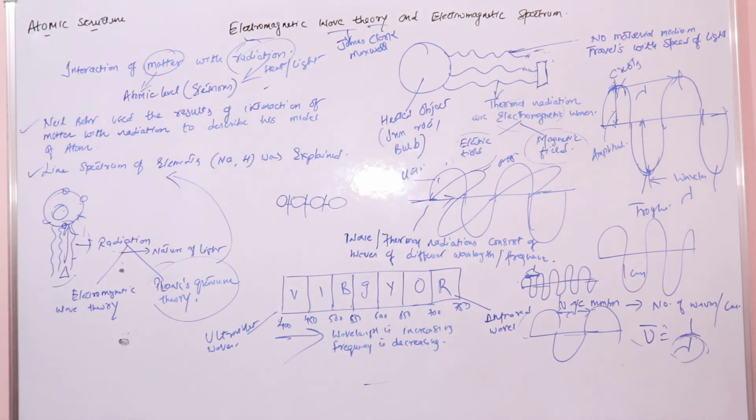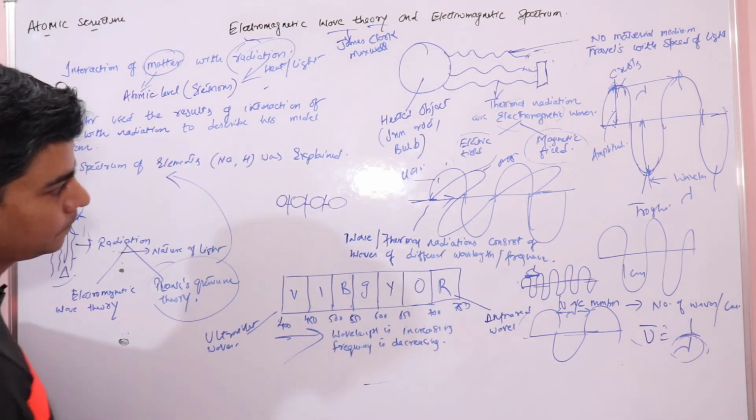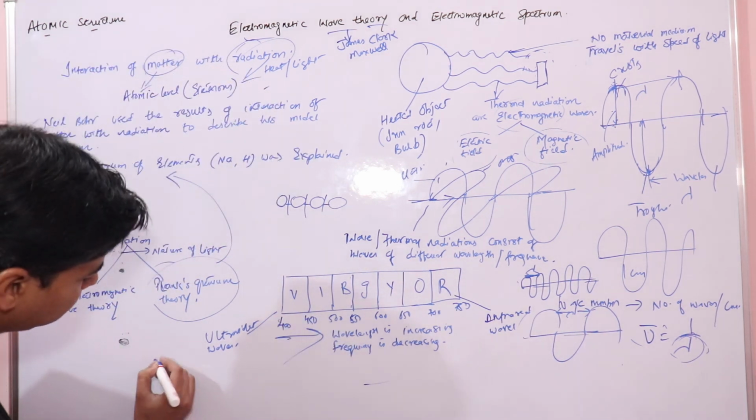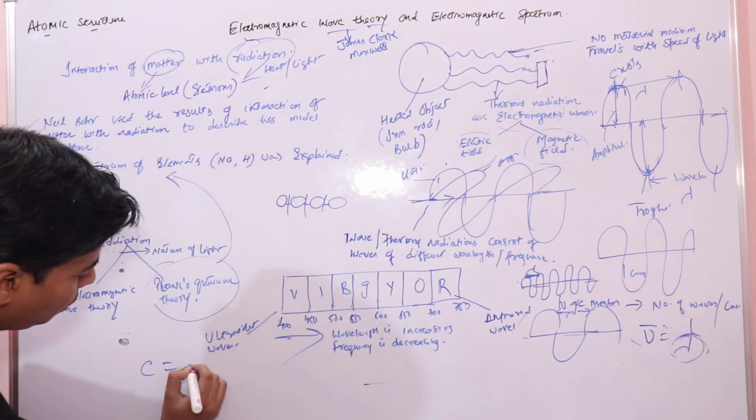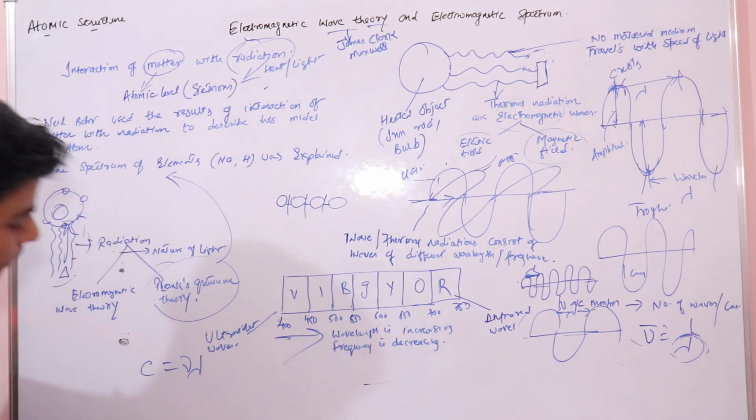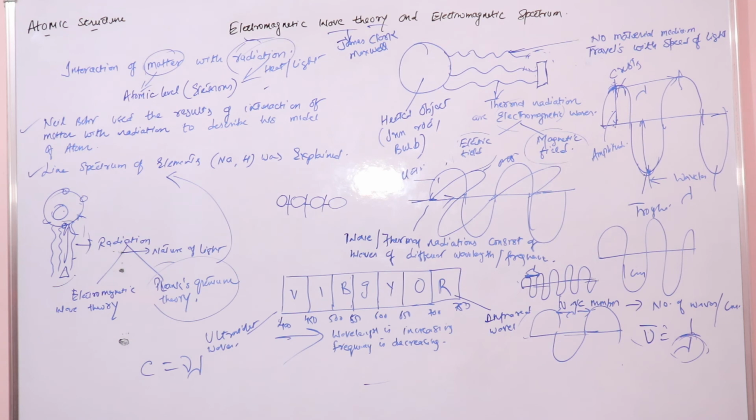And there is one important thing, the relationship between velocity, wavelength and frequency of a wave, right? The relation is c equals nu lambda, where c is the velocity, nu is the frequency and lambda is the wavelength, right?